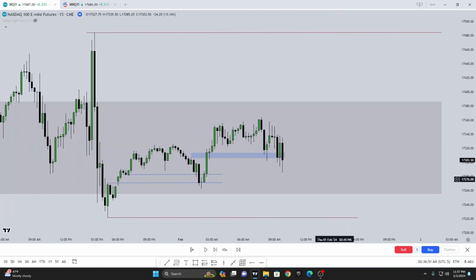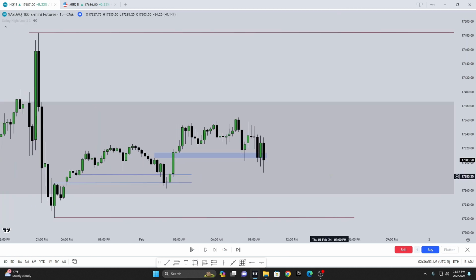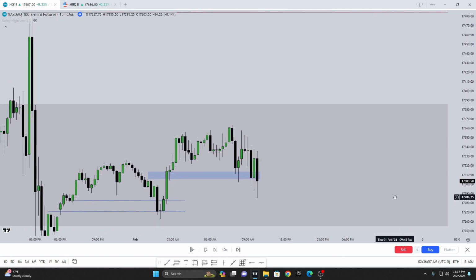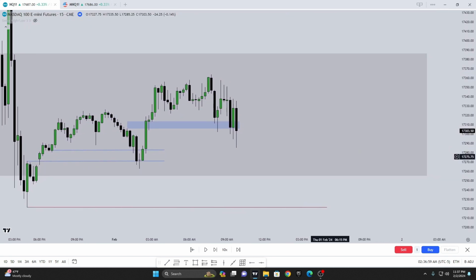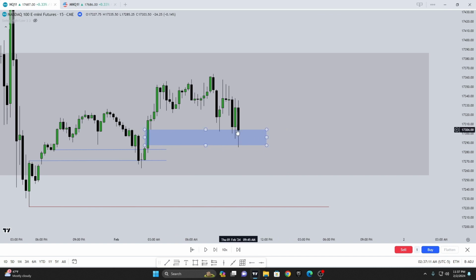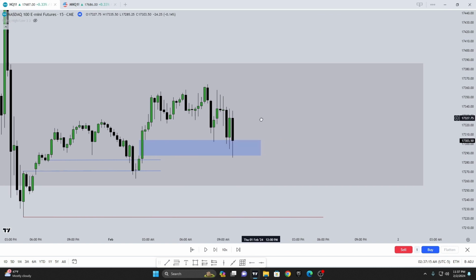There are a few more that you can see also, but we're just going to stick to the 1-hour swing highs and swing lows. And it looks like right here we have a bigger 15-minute imbalance that price does seem to be respecting just after market open, which is a very, very good sign.